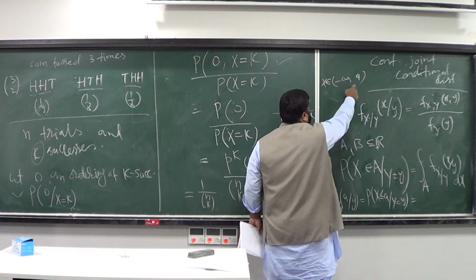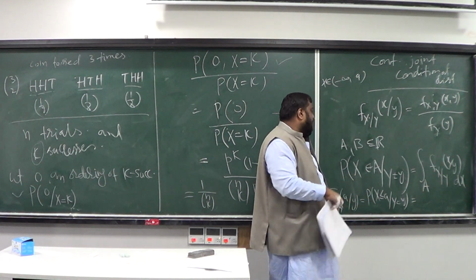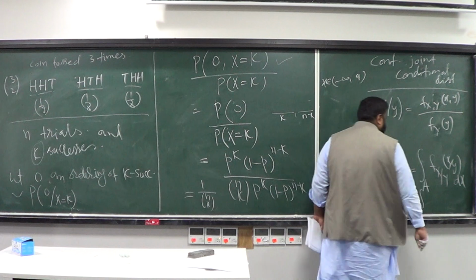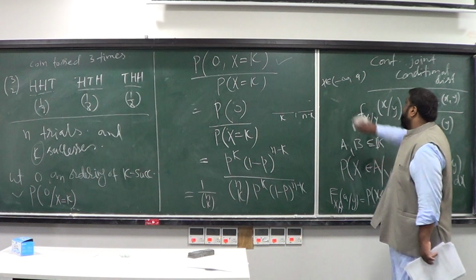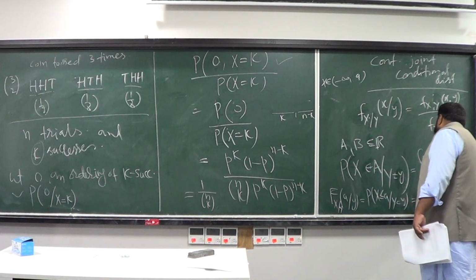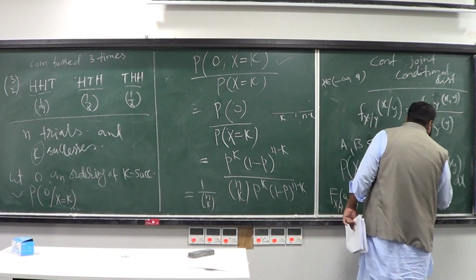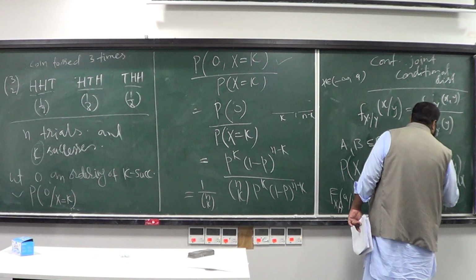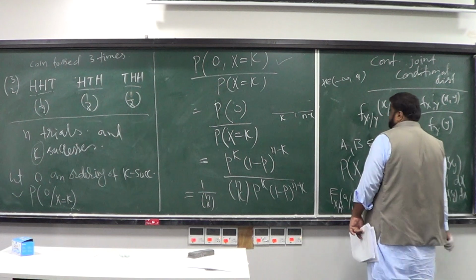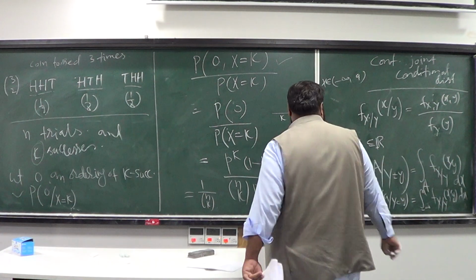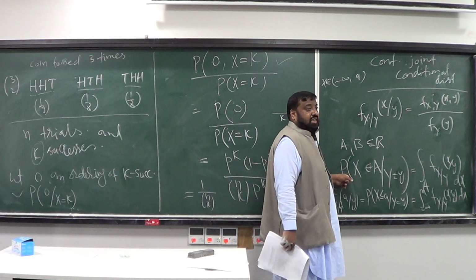To compute this probability, take the conditional PDF and integrate it over this set, from minus infinity to a, with respect to dx. This is a particular case of it.